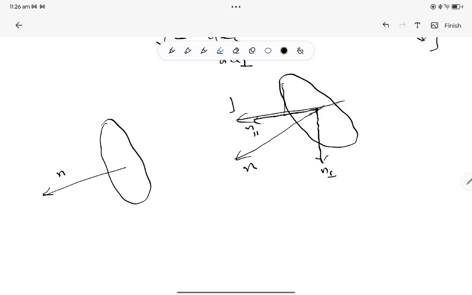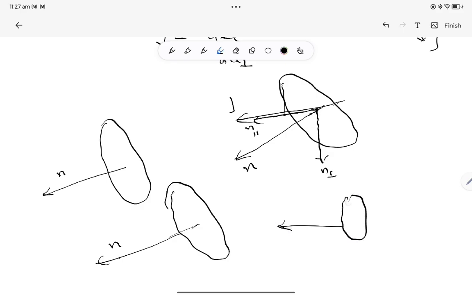This normal denotes it. And if you have a normal like this, how should the area be oriented? Definitely like this, so that this must be normal to it. But if you have a normal like this, then how should the area be oriented? It should be like this. And if you have a normal like this, how should it be? It should be like this, horizontal.